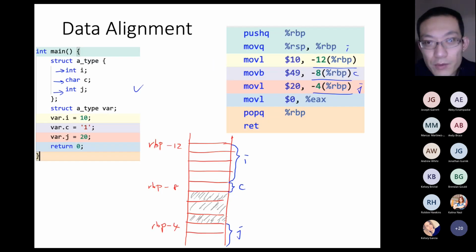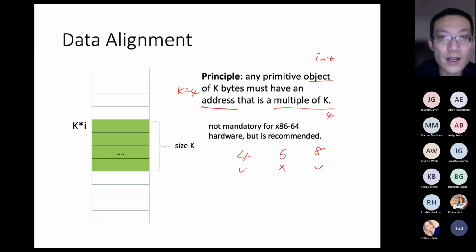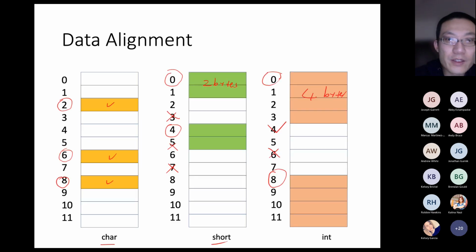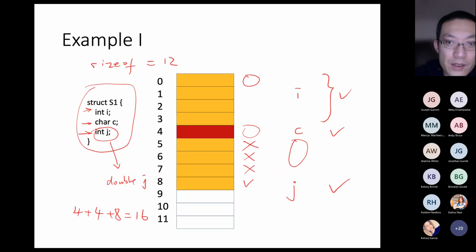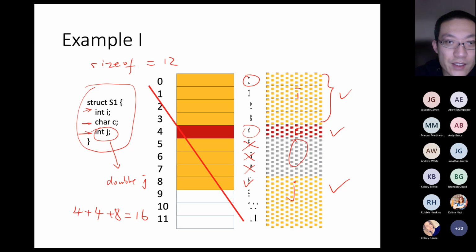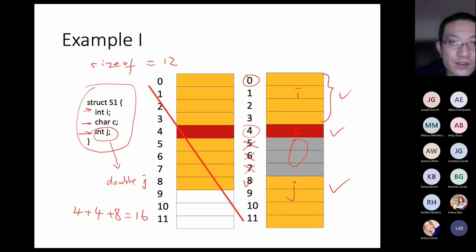In the second part of our lecture, we talked about data alignment. For data alignment, when we have an object of size K, we need the address of this object to be a multiple of K. This data alignment requirement is the reason that when we measure the size of this struct, it gives you 12, because for the last item J, we need to find a good address to start.